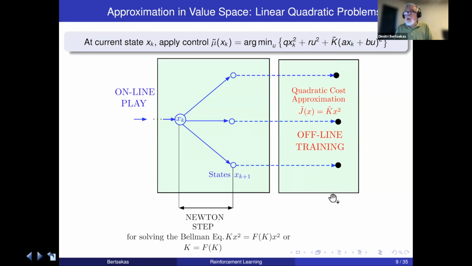And now I want to claim that this is a Newton step for solving the Riccati equation, or equivalently the Bellman equation after x star has been canceled out. So that's where we're headed, and we're going to do a visual interpretation and proof of this.